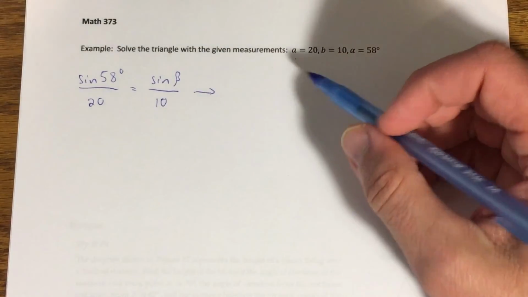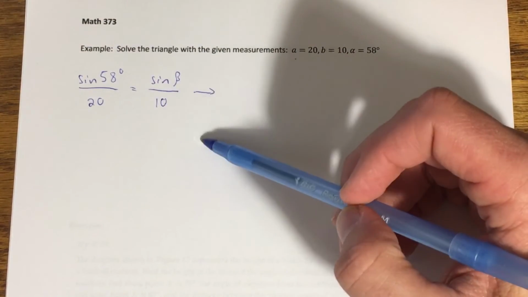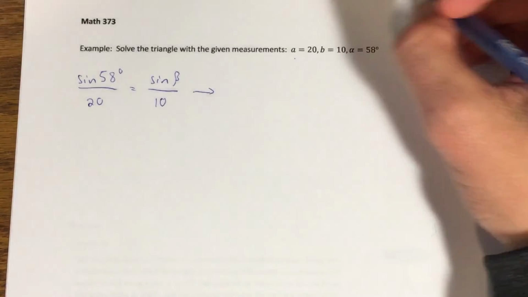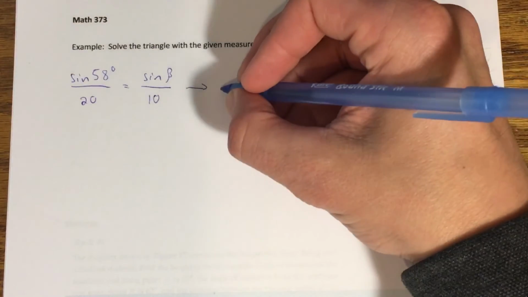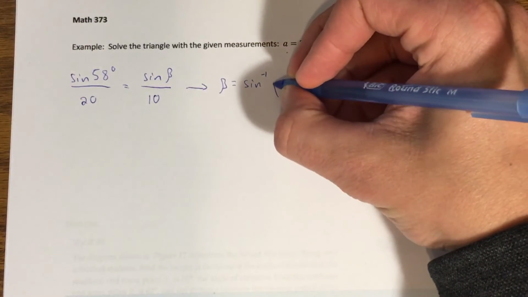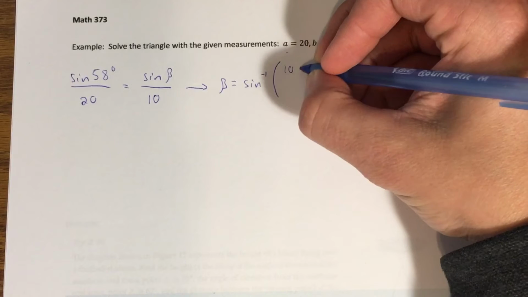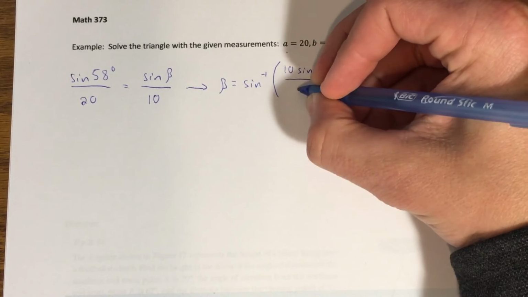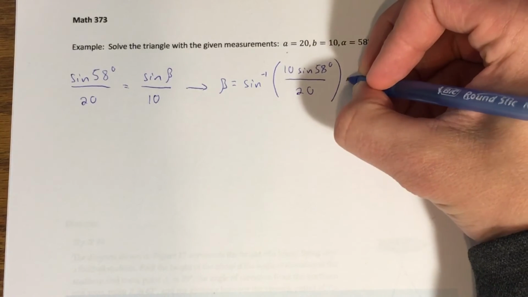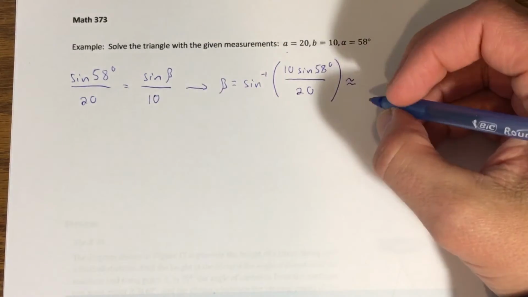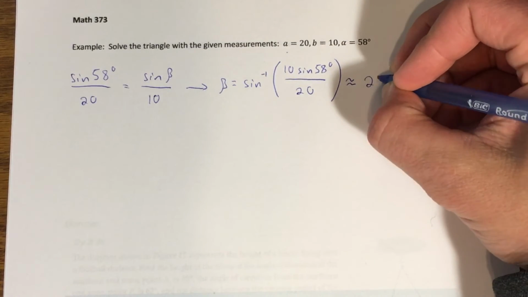Now, as it was in the previous case, we're going to have to isolate sine of beta and then find beta by taking an inverse sine. I'm going to let you fill in the gaps here. Beta will end up looking like the inverse sine of 10 sine of 58 degrees over 20. This is approximately equal to 25.1 degrees.